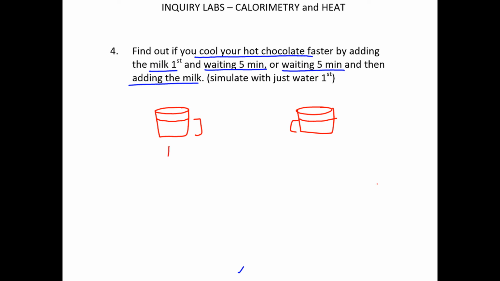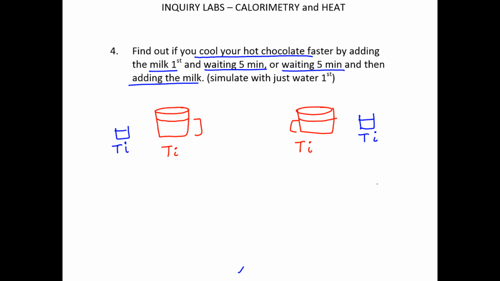They have to start off at the same temperature. You're going to have the same amount of cold water, which simulates the milk, and it also has to be at the same initial temperature. And then you can figure out what you have to do and when you have to do it.